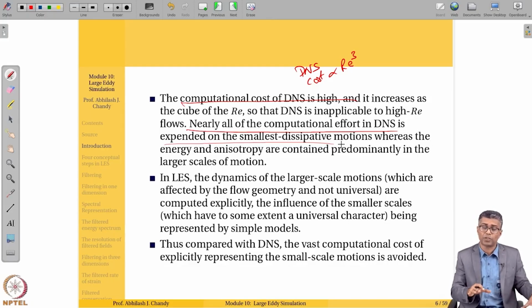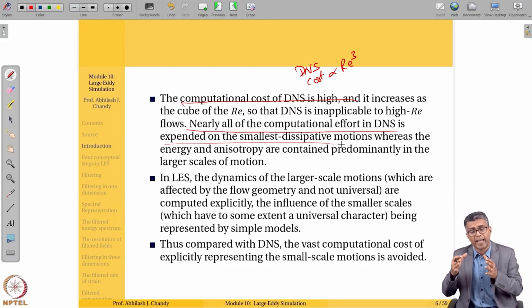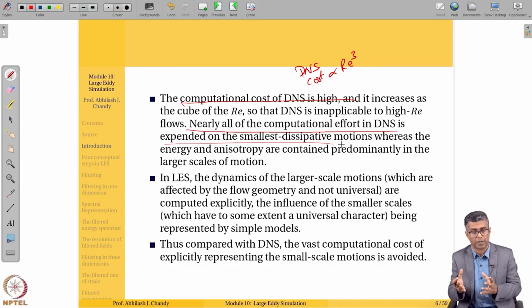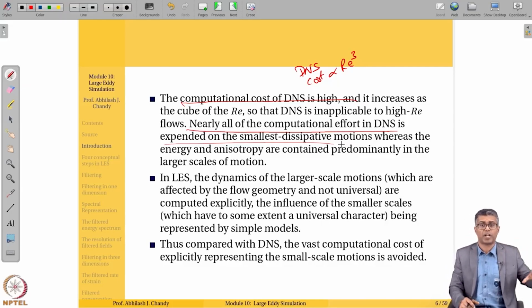According to Kolmogorov's hypothesis, anything in the small scales is isotropic and universal. So we don't know right from left, up from down, back from front, because it is isotropic. On the other hand, in the large scales, there is a directional bias. When you look at the large scales, you know where the flow is going from.